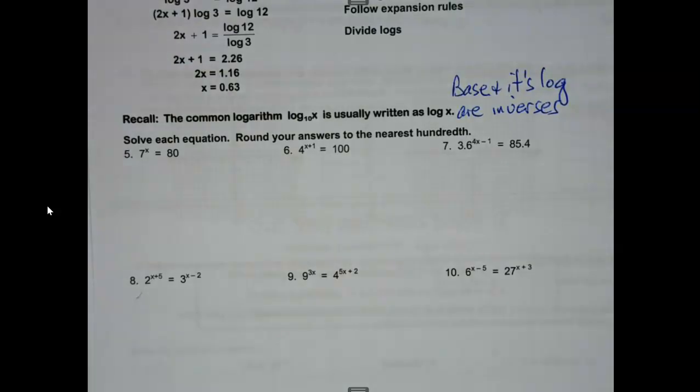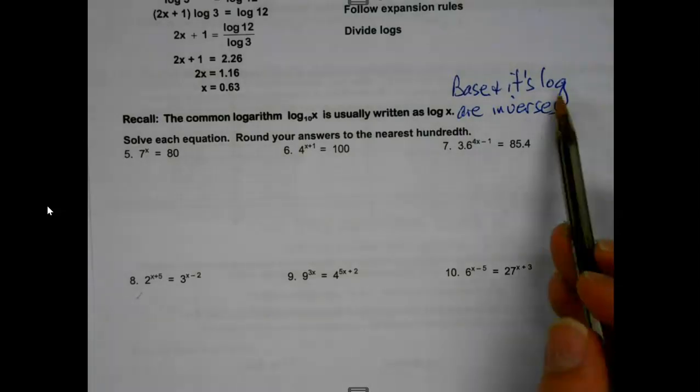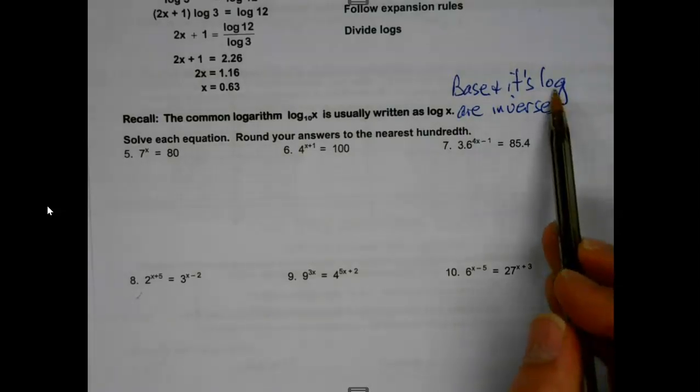Any base and its log are inverses. They, air quote, cancel each other out. So here on number 5, no, I cannot just divide by 7 and call it good. That's not 7 times x, that's 7 to the x power. So the only way I can get that 7 out of there is using the log of this base.